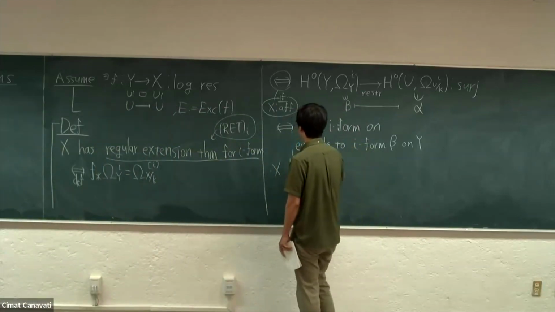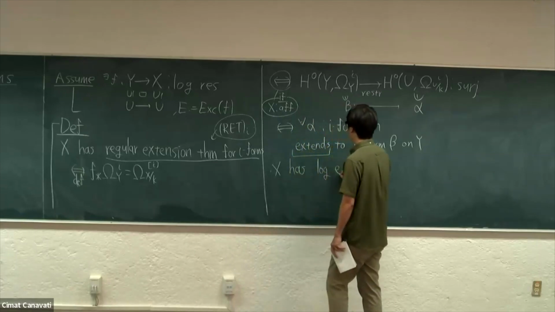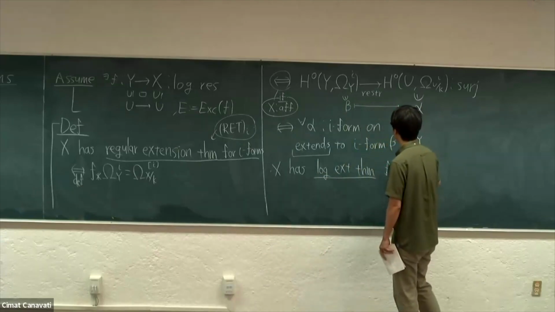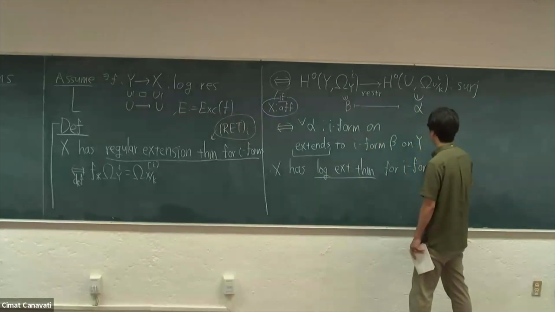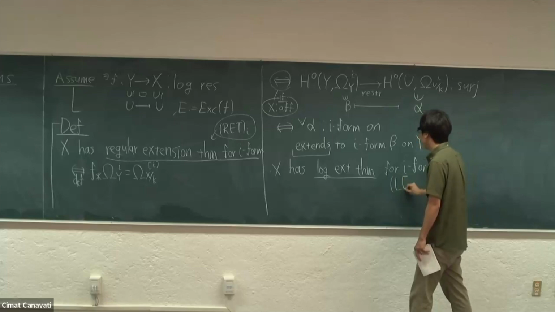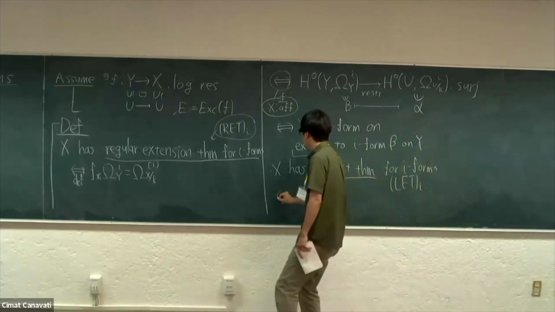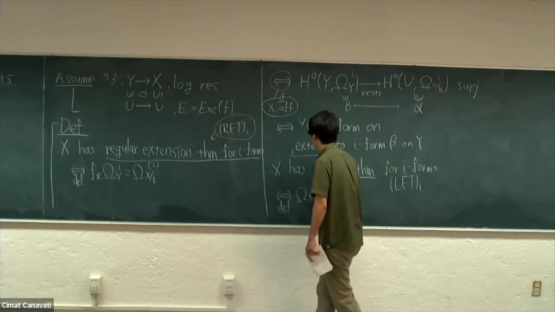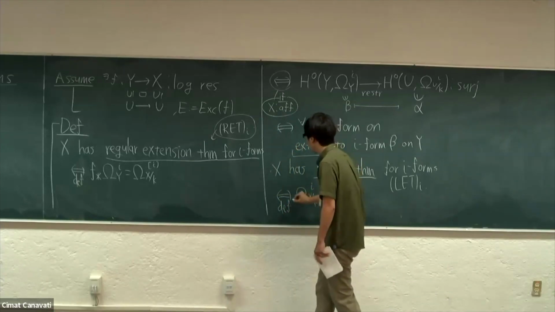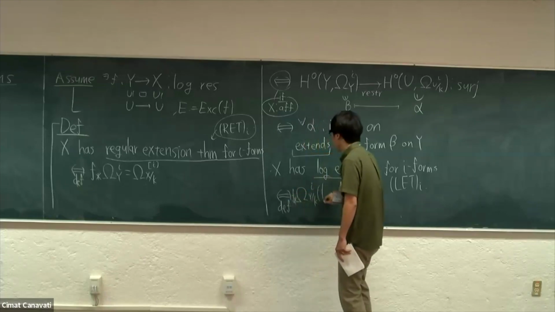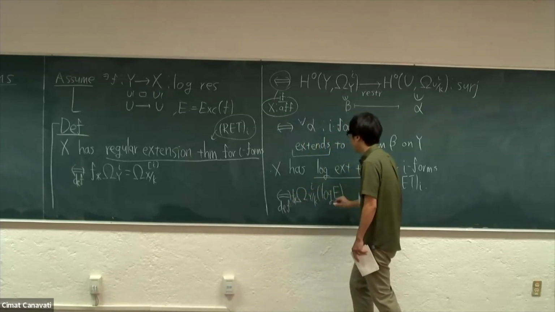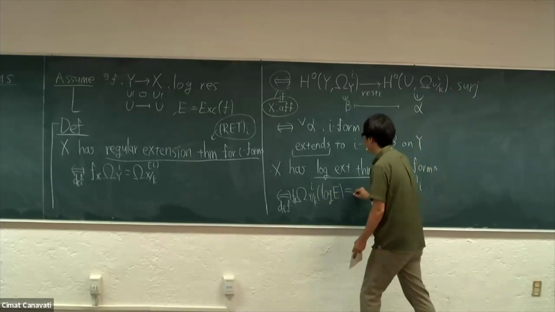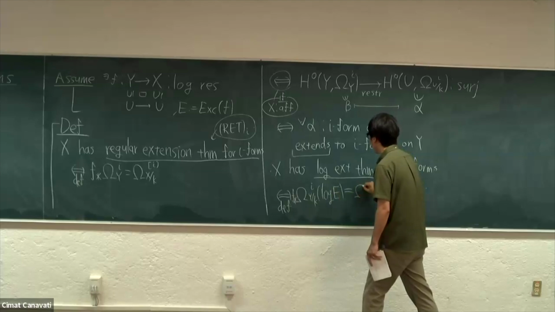I also define the logarithmic extension theorem for i-forms, which I write as LET_i. It is equivalent to saying that the pushforward of the sheaf of log i-forms, that is, i-forms with poles along E, is equivalent to omega_X^[i].